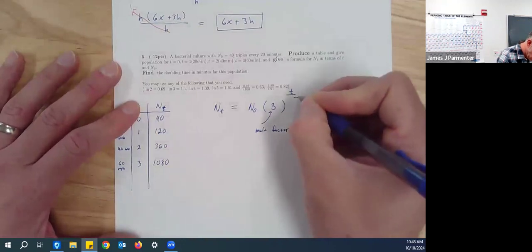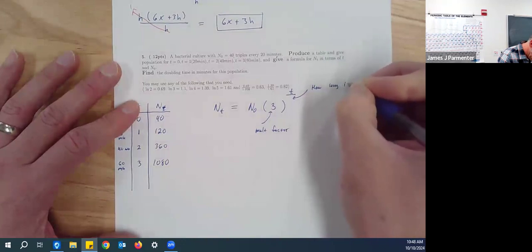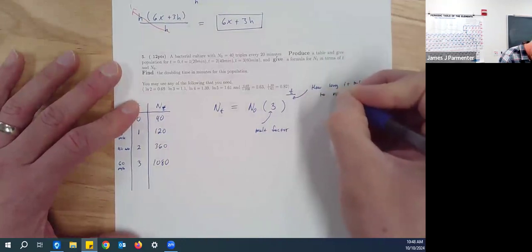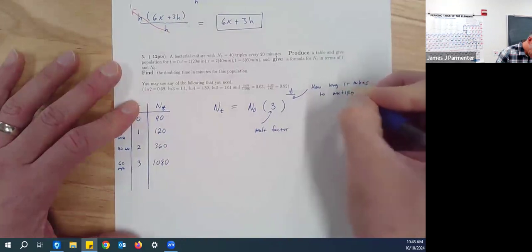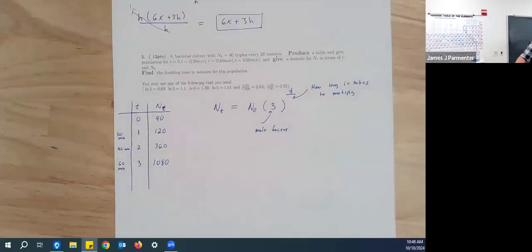So right there is how long it takes to triple or multiply by whatever the factor is. In this case, it would be 1, right? I'm not using minutes. I'm using units of time, which they specifically said each 20-minute period was 1 unit of time, which I don't like, but it's what's happening here.